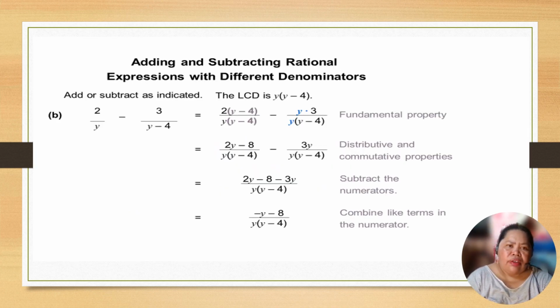Alright, so let's add and subtract as indicated. We have here the example 2y minus 3 over y minus 4. So we combine these, and the fundamental property comes in.